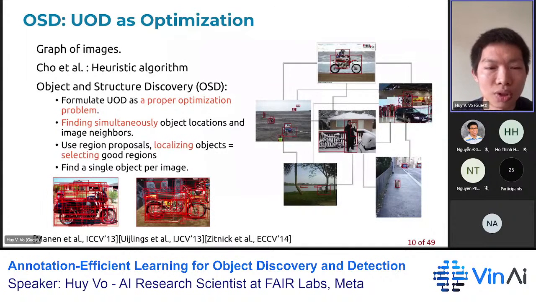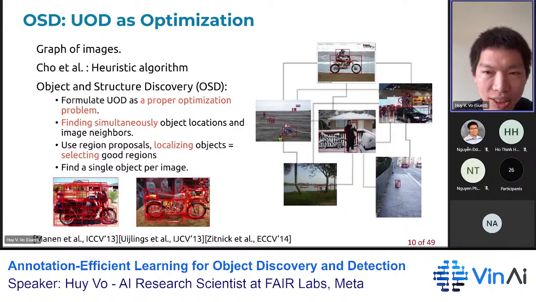So they proposed to alternate between these two steps, finding image neighbors and localizing objects. And they showed that after repeating these two steps several times, they can find good locations of objects in images and find good neighbors for images.